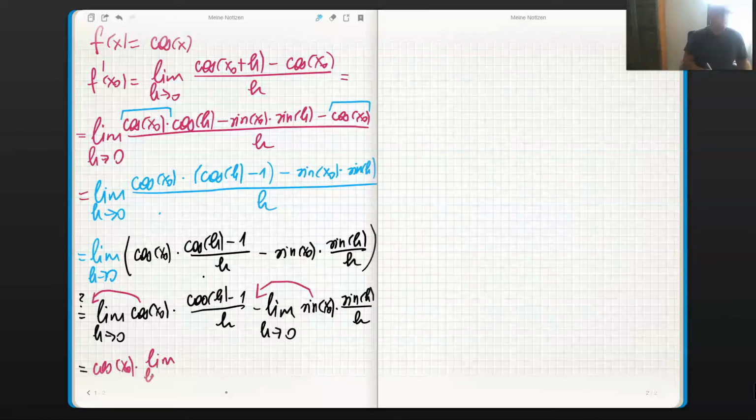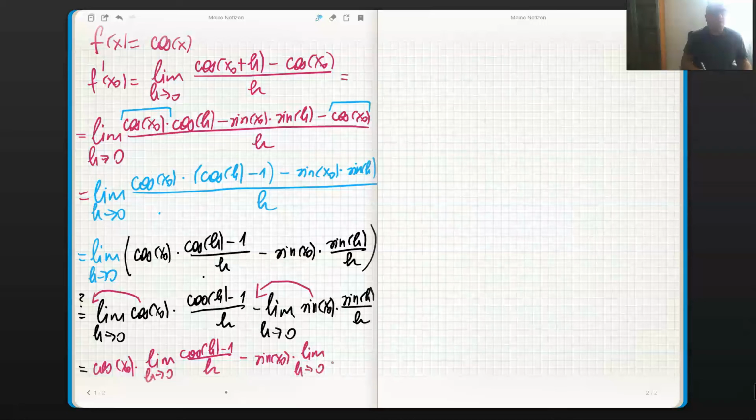Then we have a limit h towards 0 of cosine of h minus 1 divided by h, but this limit is familiar. In the last video, where we produced the derivative of the sine, we proved that this limit is 0. I'll link it right here. And we're doing the same with the second limit, so we're keeping the sine of x0 outside of the limit.